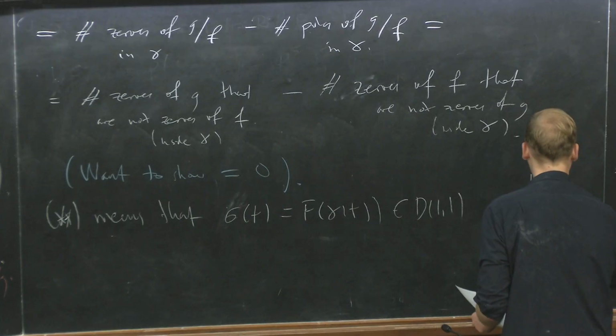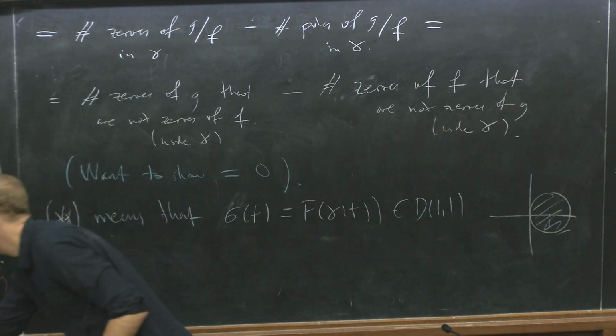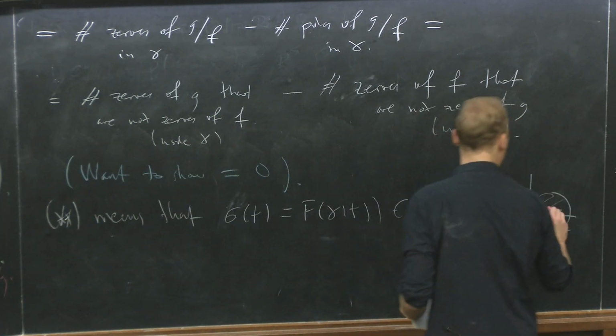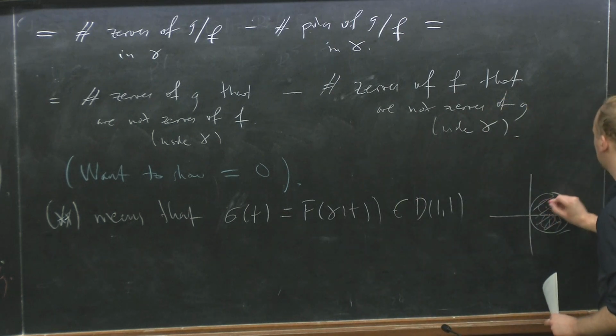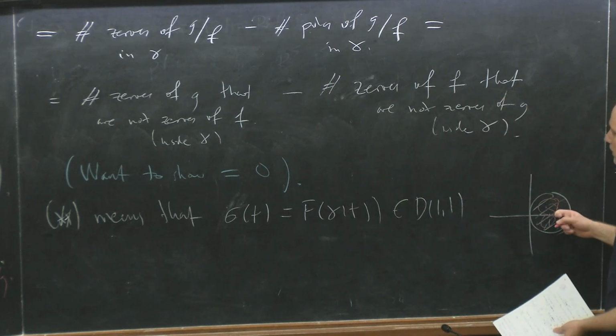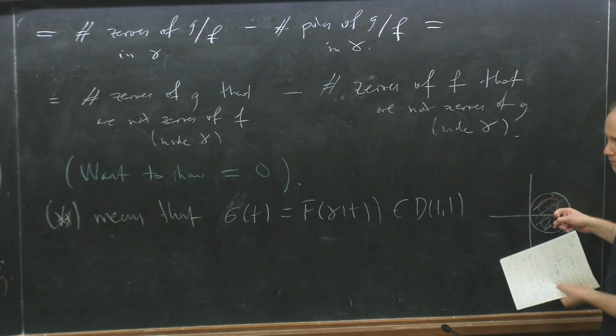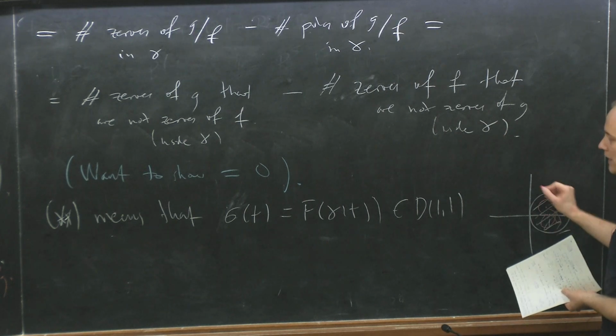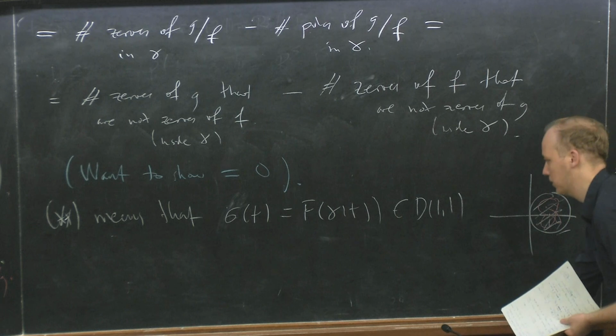Here is 1. So this curve sigma is doing something very complicated possibly, but it's always doing it inside of this disk, which means that it never winds around 0.